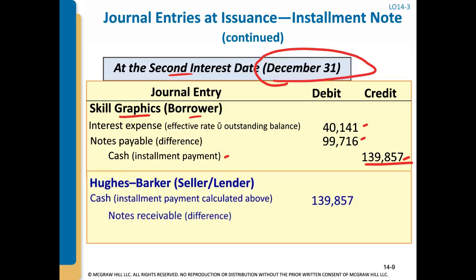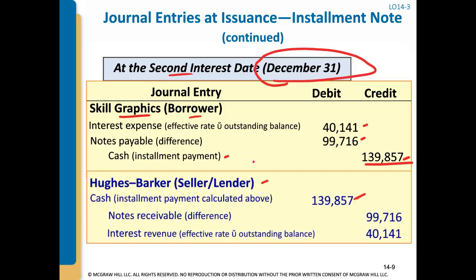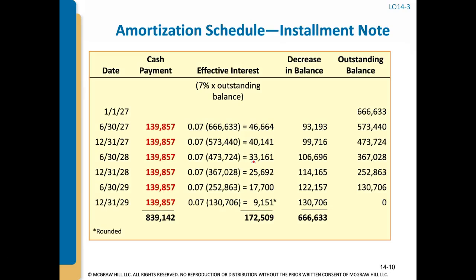And then Hughes Barker, as the seller, will debit the cash for $139,000, credit interest revenue for the same amount as interest expense was recorded by the borrower for $40,141, and they will credit their notes receivable for the same amount that we debited our notes payable for $99,716.